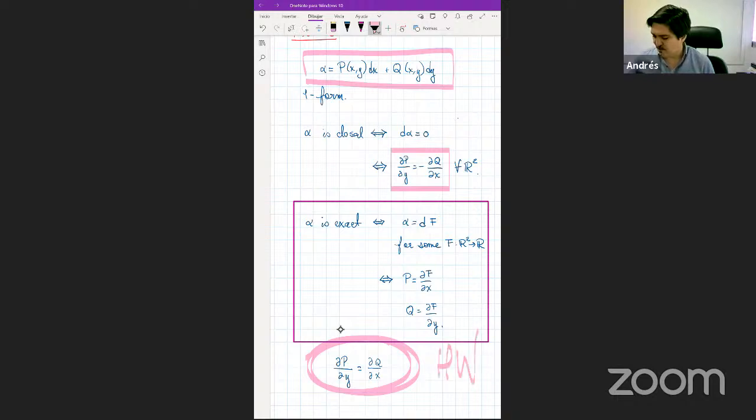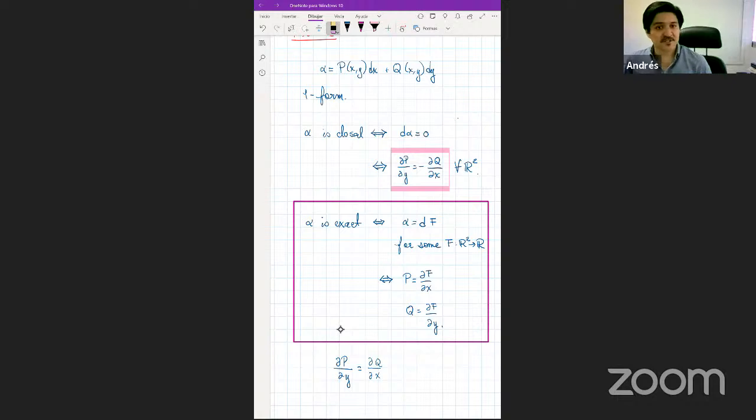So again, homework: look at that part of differential equations. All right. Any questions? Okay.